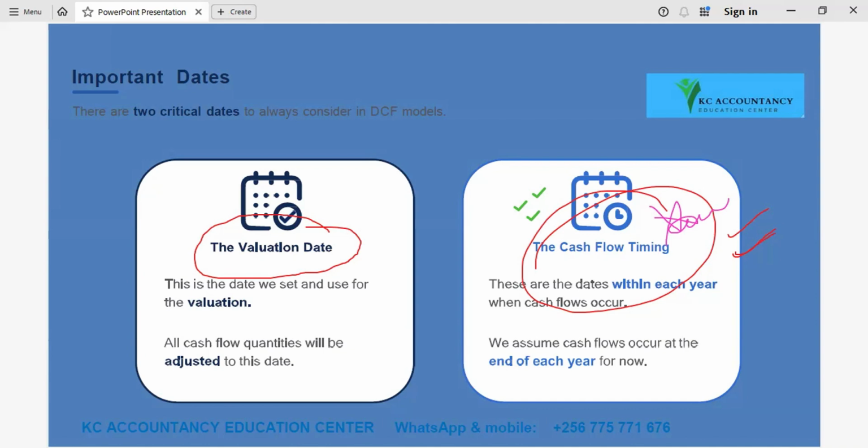So what do we mean by knowing the dates at which these cash flows are going to occur? It means we need to understand whether these cash flows are occurring at the beginning of the year, or in the middle of the year.